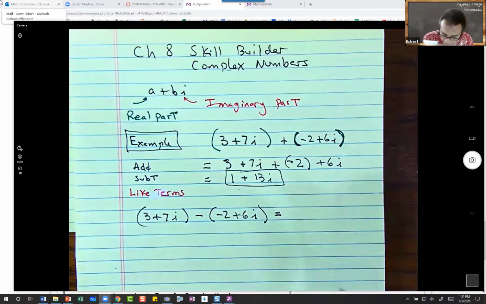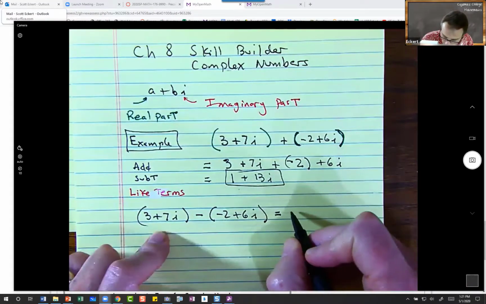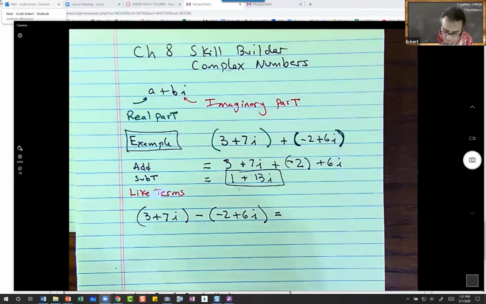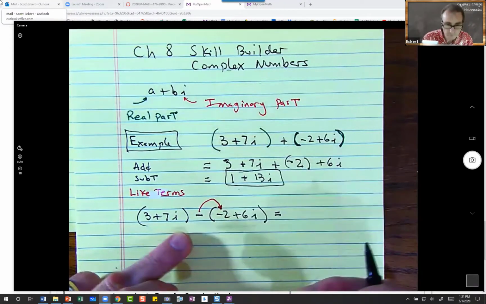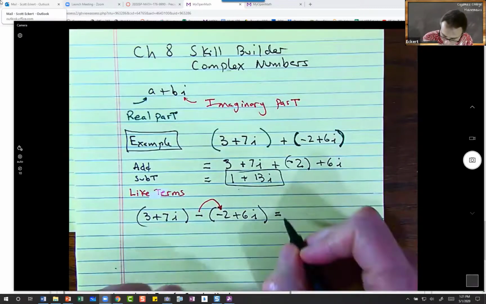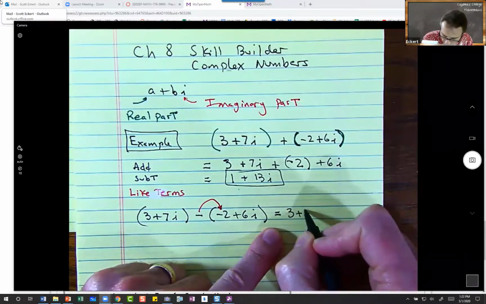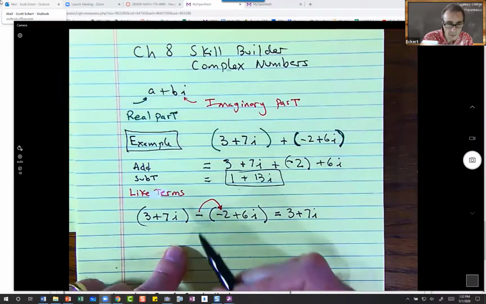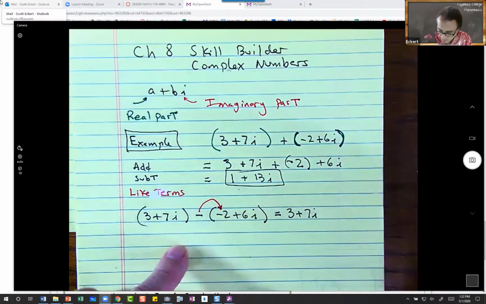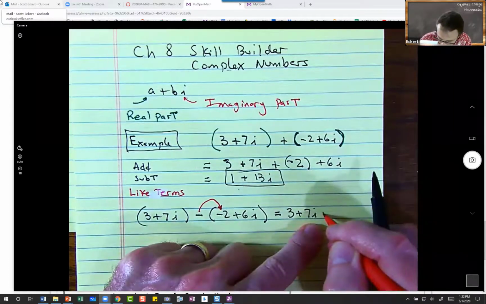Some of you may have finished it already. So this minus has to distribute. So I'm going to have 3 plus 7i. No change on the first two. But this minus on the negative 2 makes a positive 2 here.